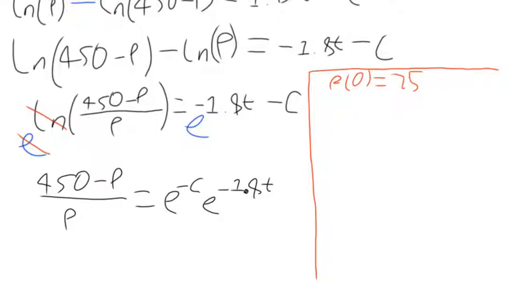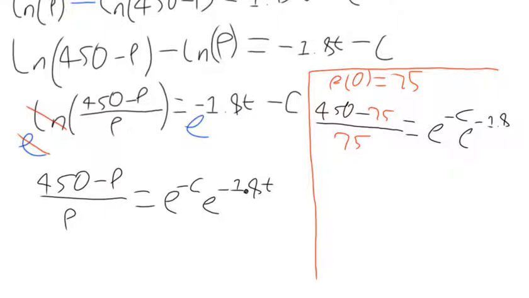So I will plug in 75 for p and 0 for t. So when I do that, I will get 450 minus 75 over 75 equals e to the negative c times e to the negative 1.8 times 0.